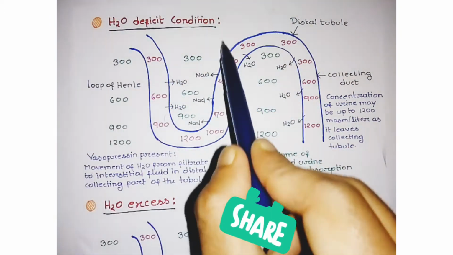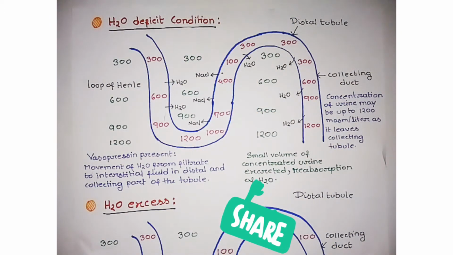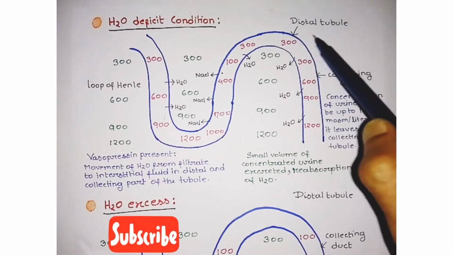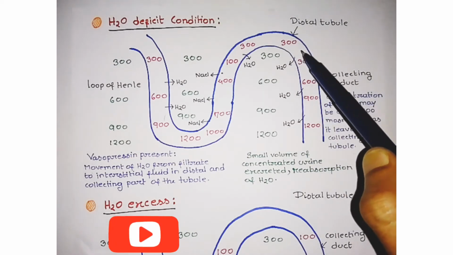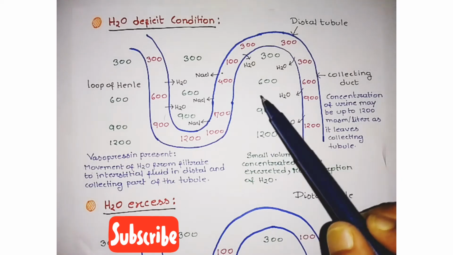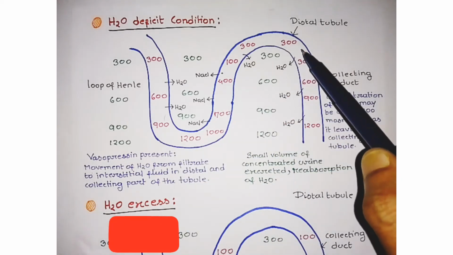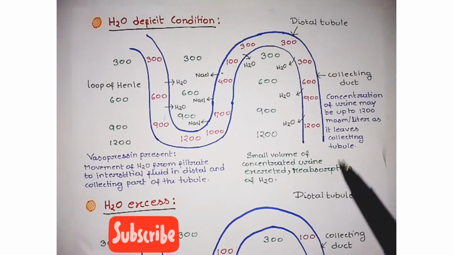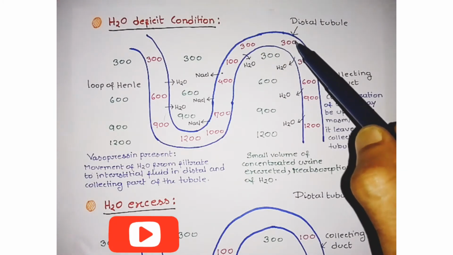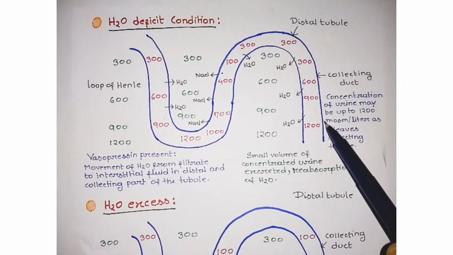In H2O deficit condition, vasopressin binds with the receptor and the water channels fuse with the distal part of the tubule, that is the collecting duct and distal tubule. So water moves from the filtrate into the interstitial fluid and ultimately enters into the peritubular capillaries. This movement occurs in H2O deficit condition, and the concentration of the fluid gradually increases and reaches up to 1200 milliosmol per liter.